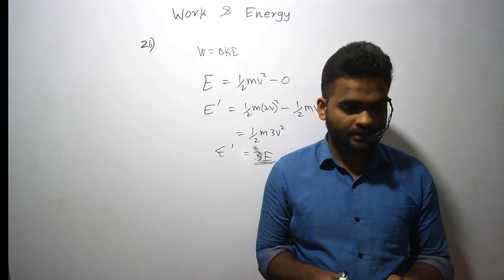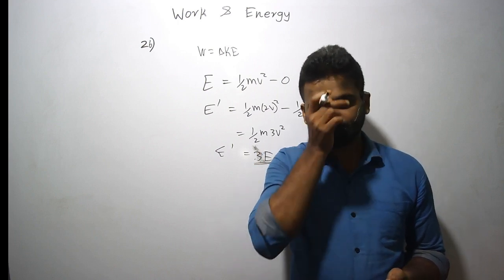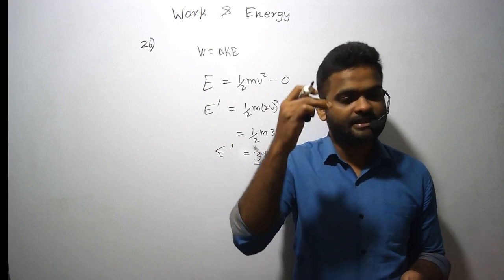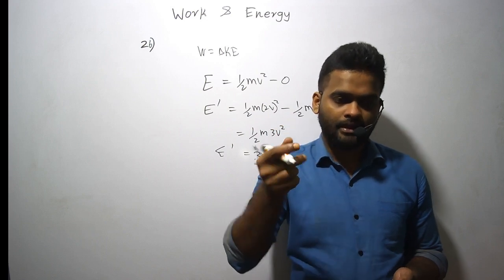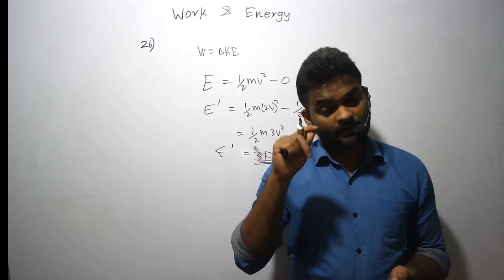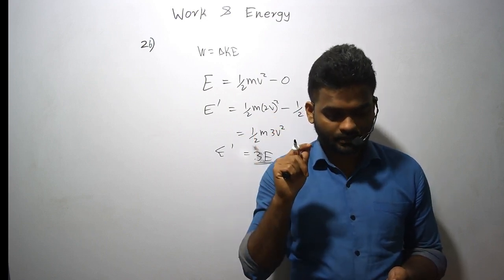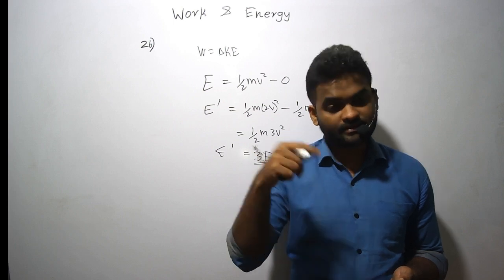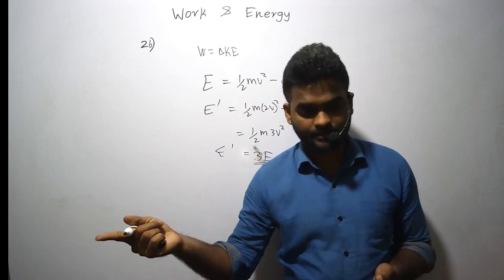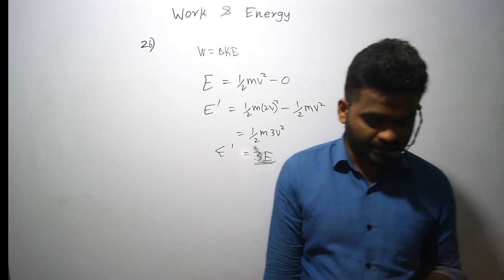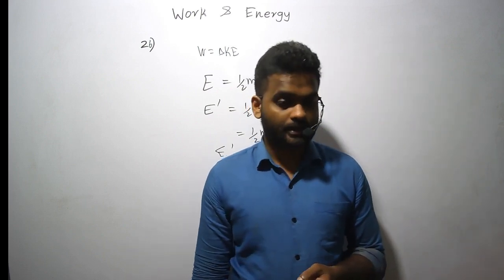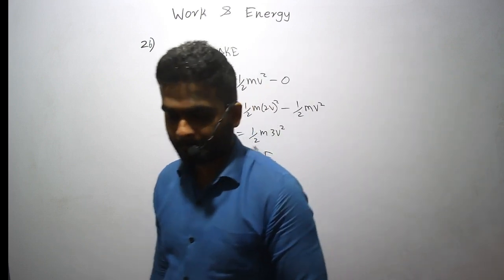So those things you have to understand. Velocity is increased by just v, but the work required or the energy required is 3 times at the second case. Those are special cases, right? Then try next one, 27.